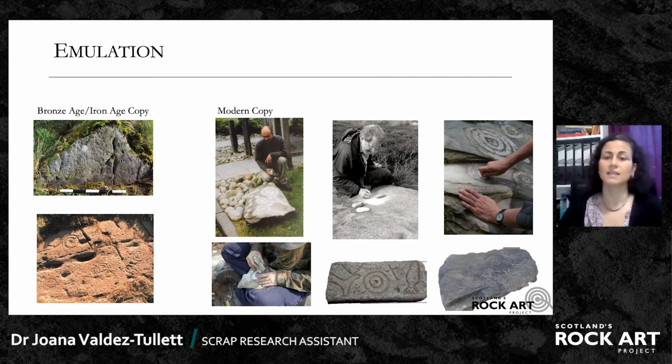So on the left side of this slide, you can see carvings that have spirals and circles, and in my previous work I have considered these to be possibly Bronze Age or Iron Age copies, and on the right hand side you can see modern copies of cup and rings.